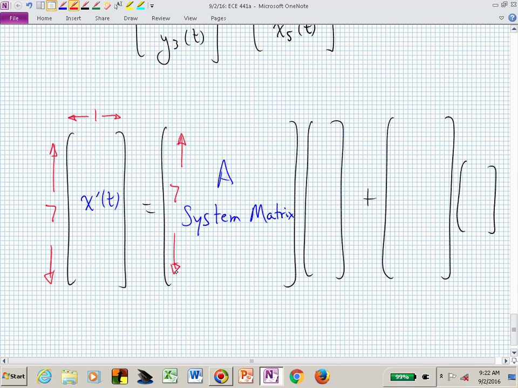And what did we say about the shape? It's square. And you could say, well, it also has to be compatible with the state vector, which means that when we multiply A times x, it better be compatible, so we need 7 columns to match the 7 rows in x. We can do the same thing with our input matrix and our input vector.